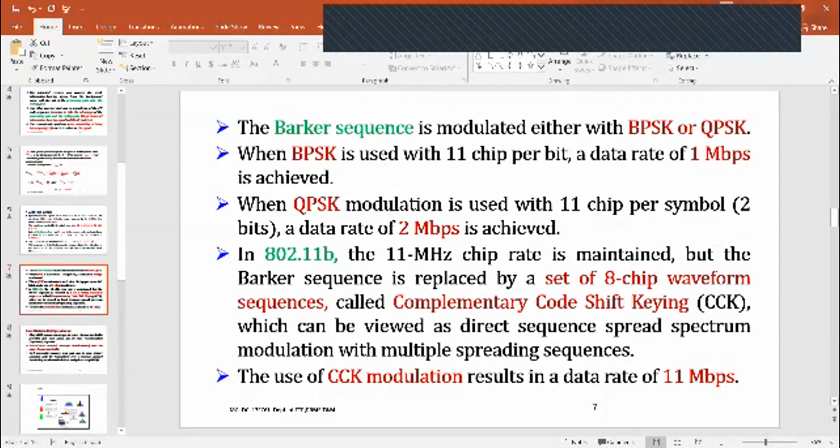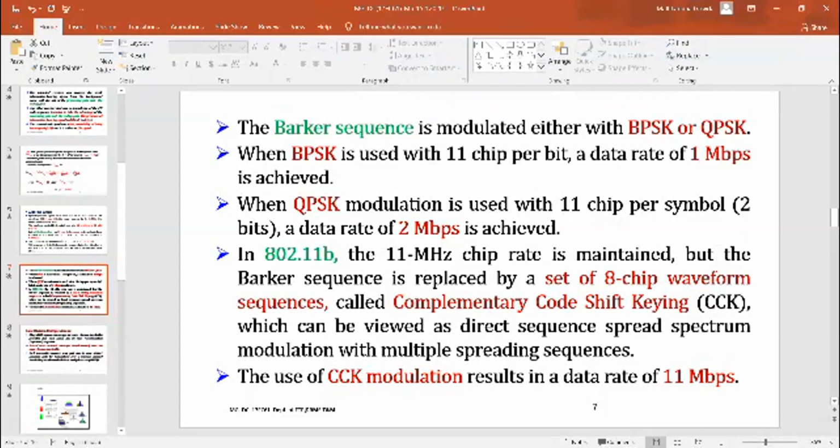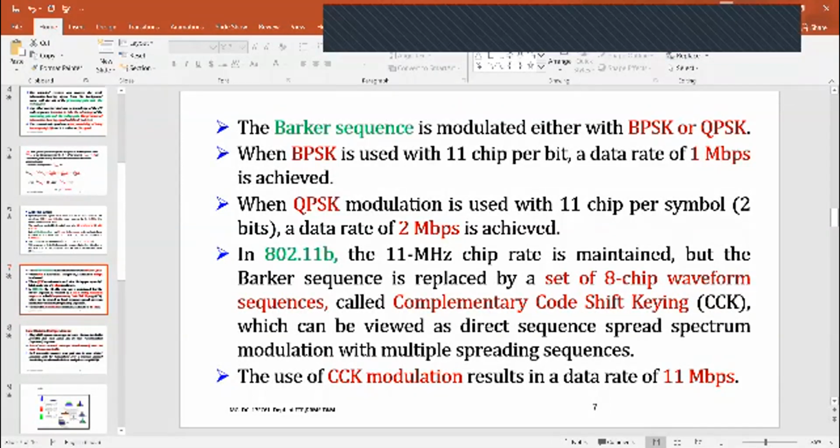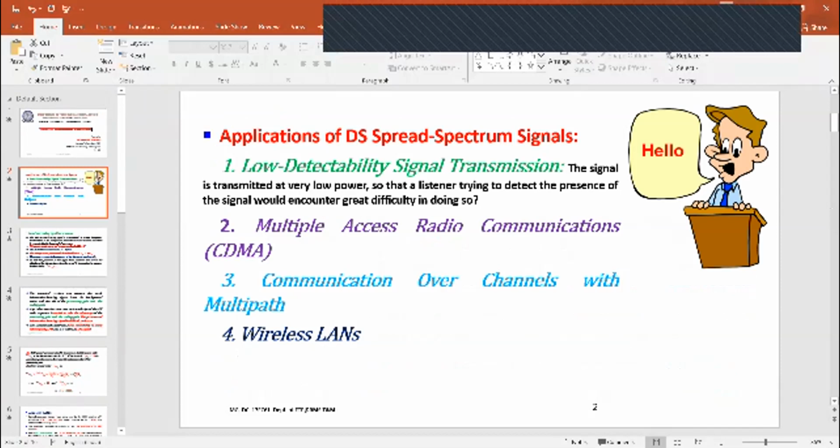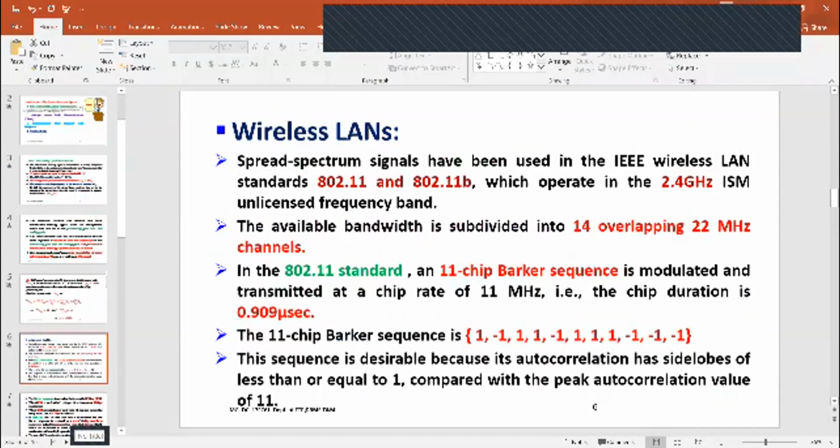I discussed 2 applications. The first one is the wireless local area network. In local area networks, I said there are 2 standards, right? One is 802.11 and another one is 802.11b.